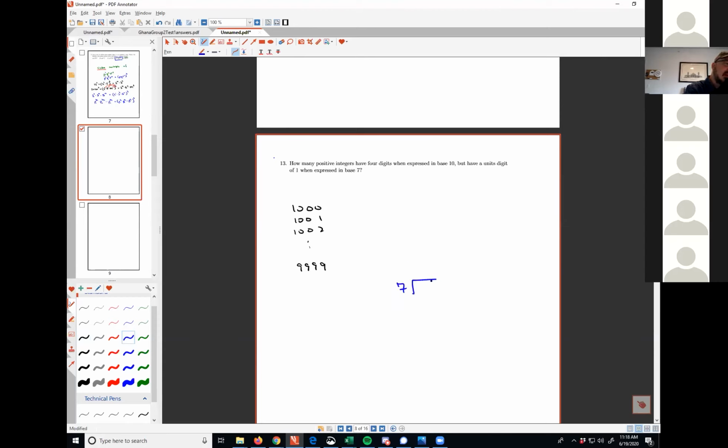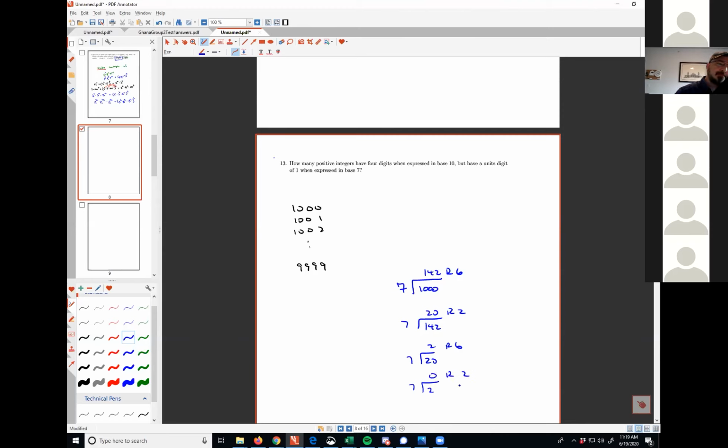I go, okay, what's 7 into 1,000? That's 142, remainder 6. 7 into 142, well, that's 20, remainder 2. 7 into 20, that's 2, remainder 6. And then 7 into 2, which is 0, remainder 2.